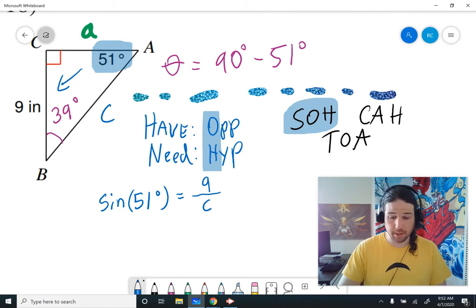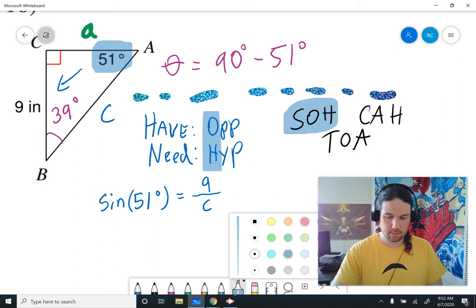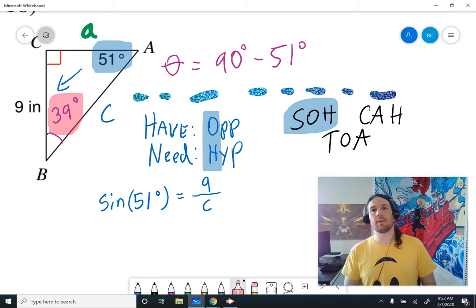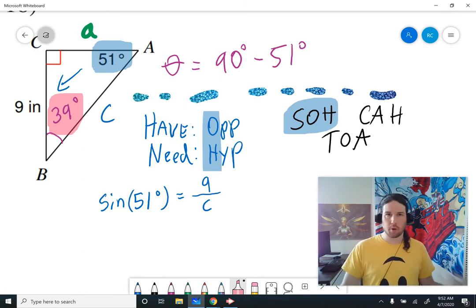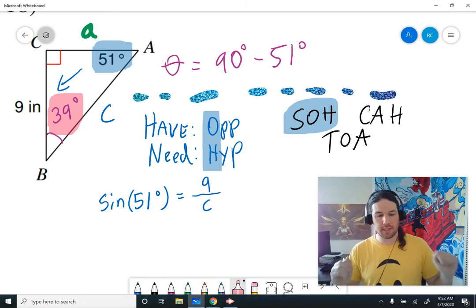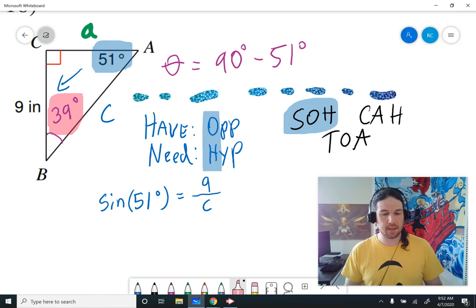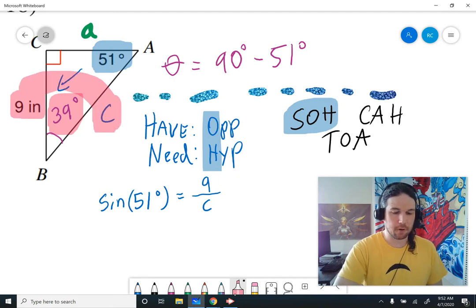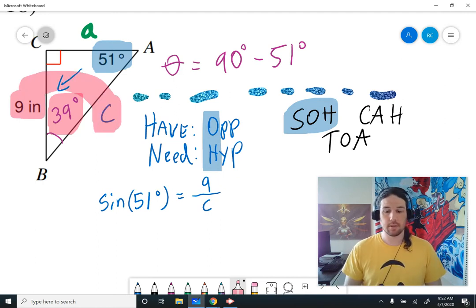Now, before I move on, I want to mention that you could have been looking at this angle, this 39-degree angle. We could use that as our reference angle instead. There's really no reason to choose one or the other. If we used the 39-degree and we were looking for C, then we would use cosine, right? Because we have the adjacent and we'd be looking for the hypotenuse.